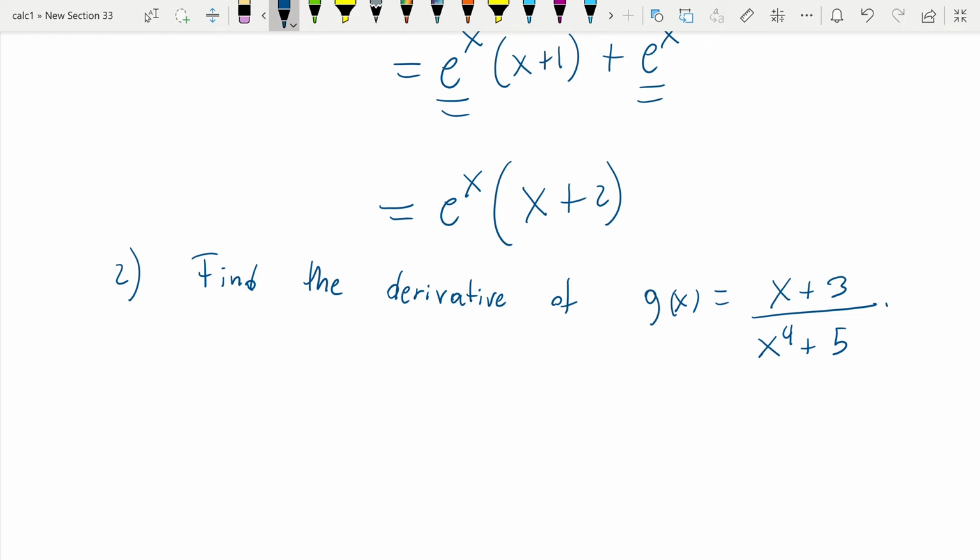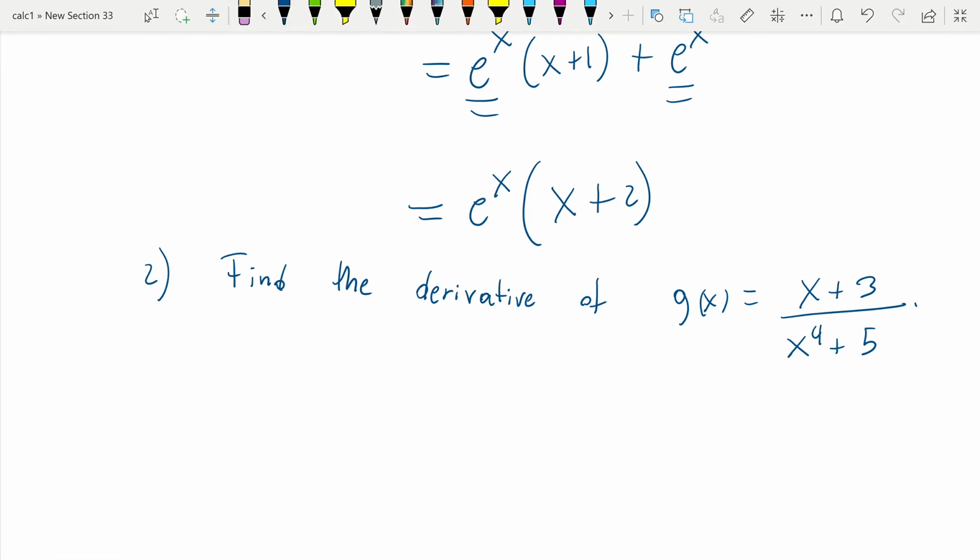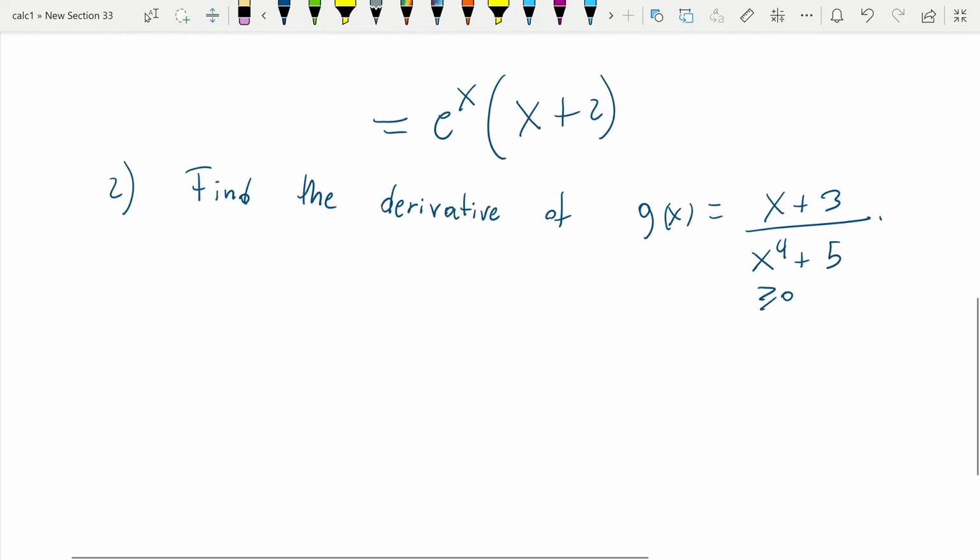But x to the fourth is always non-negative, so it's always greater than or equal to 0. It may be 0 when x is equal to 0, but otherwise it will be positive. And if you add a positive number like 5, then the resulting number will be positive. So the denominator can never be 0, and this function will be differentiable everywhere.